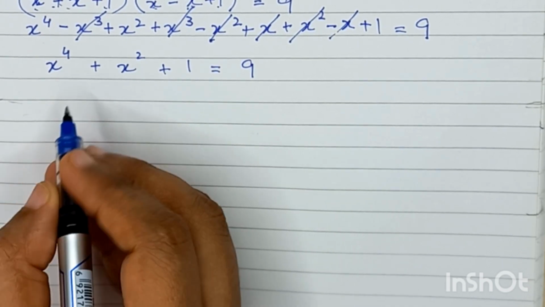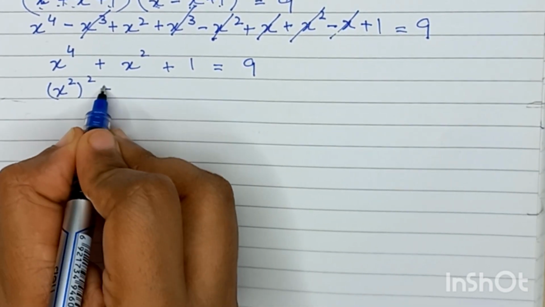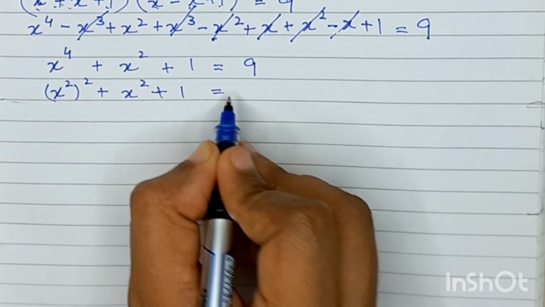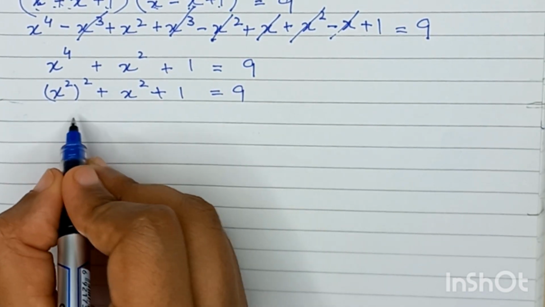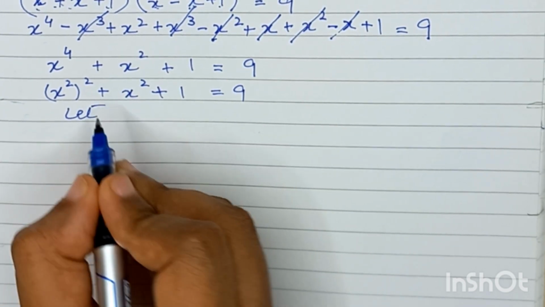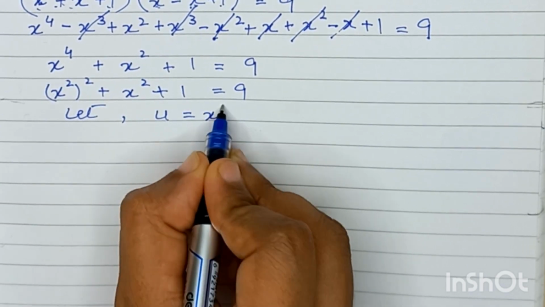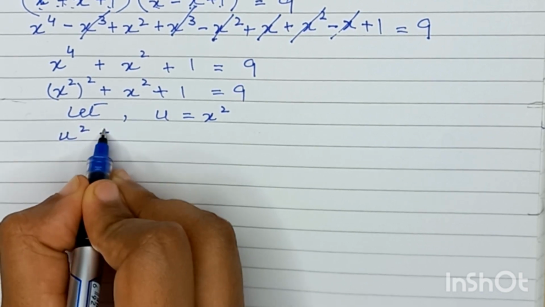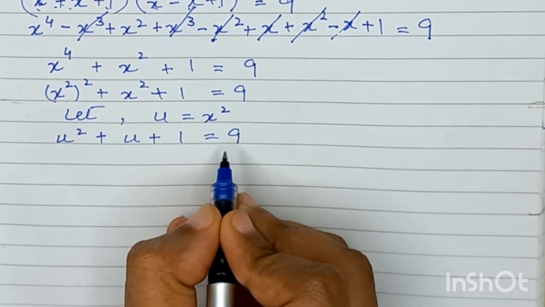We can write x^4 as (x^2)^2, plus x^2 plus 1, which is equal to 9. X^2 and x^2 are the same, so here we will let u equal x^2. So the above equation will become u^2 plus u plus 1 equals 9.